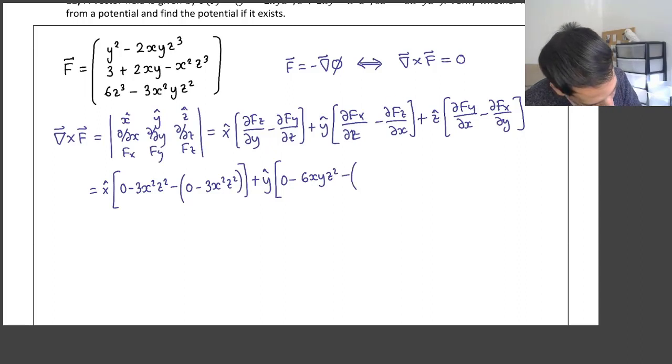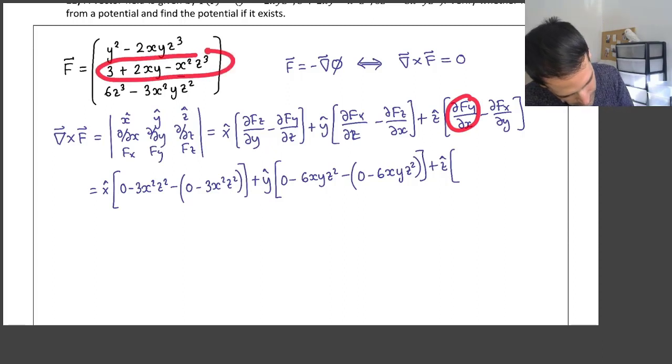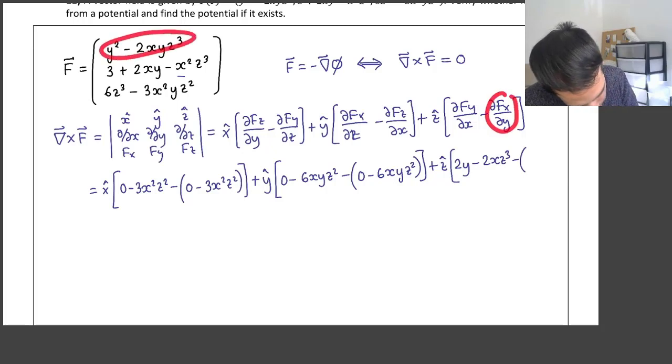Minus partial of fz with respect to x. Plus z hat times partial of fy with respect to x. Minus partial of fx with respect to y.